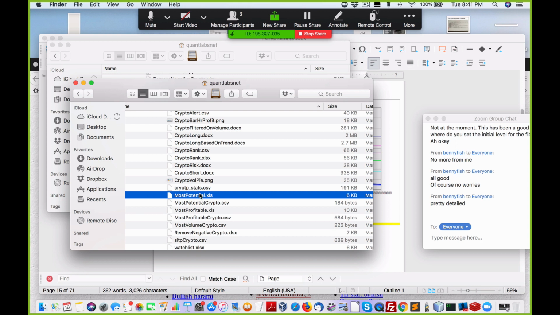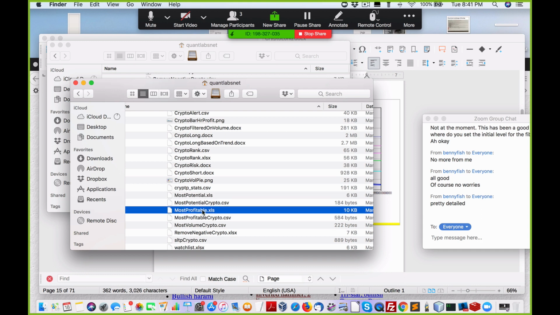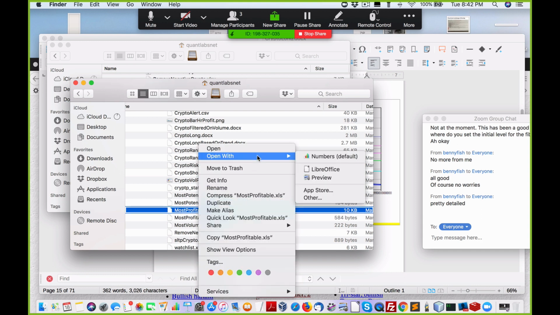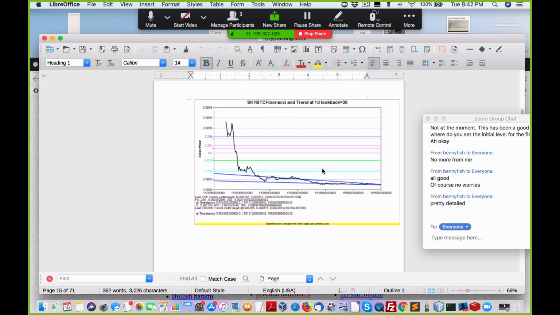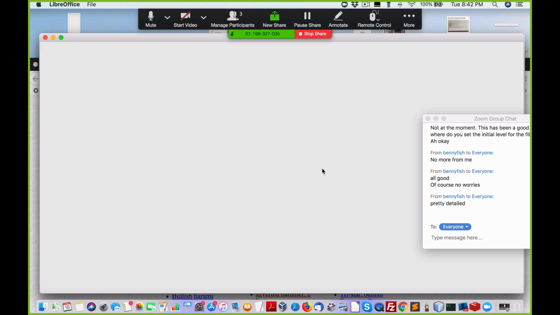The problem with this spreadsheet is it does not factor in volatility, whipsaws. So I track those whipsaws, and then I filter out those movers and only keep the ones that have not had down whipsaws moving against you.